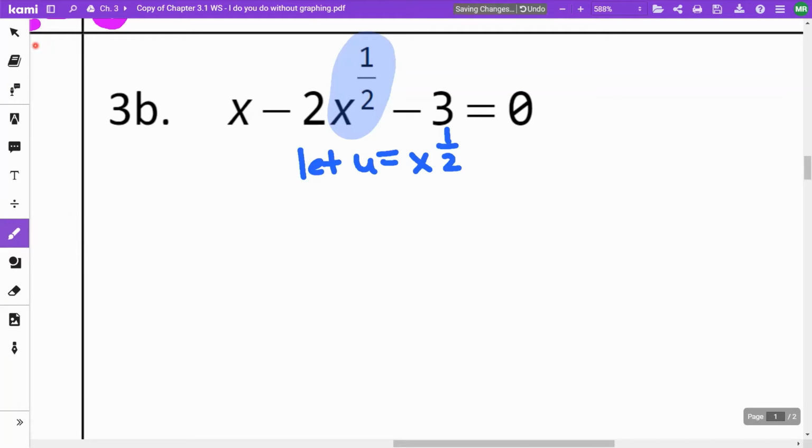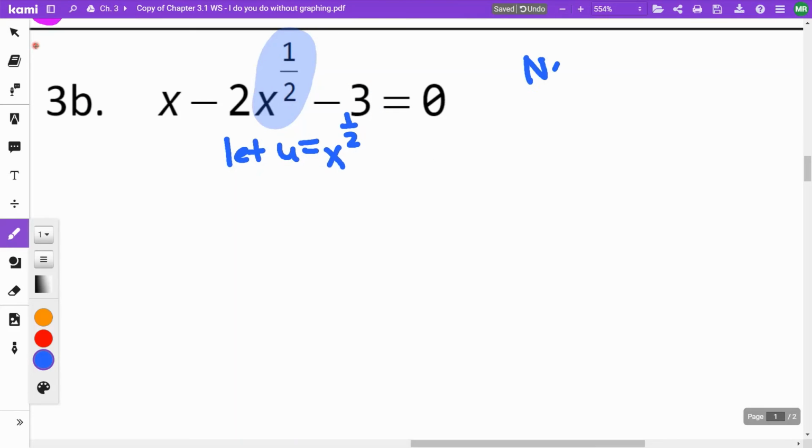Now, x to the 1/2 is really the square root of x. I'm just going to make a little note that that's really what it means.